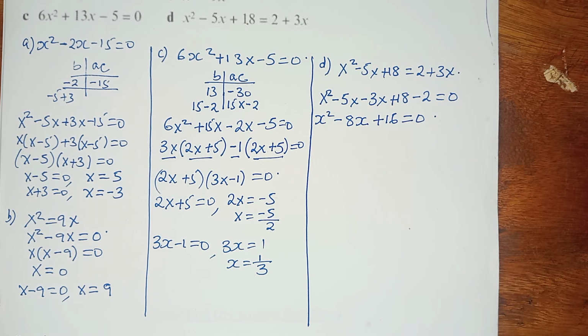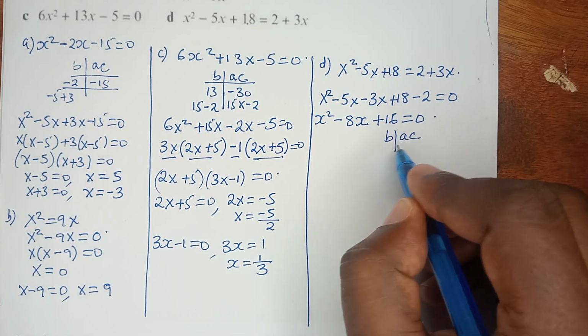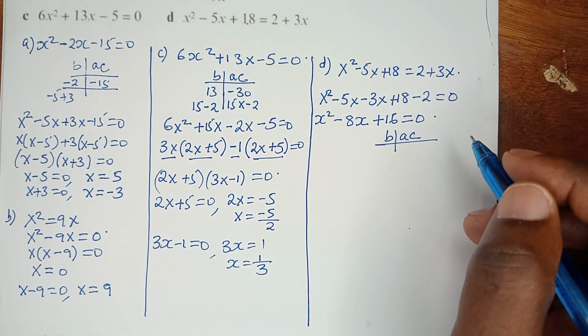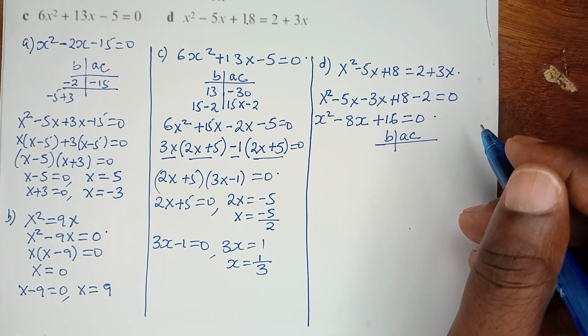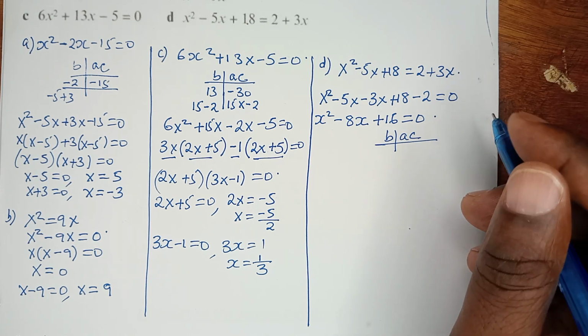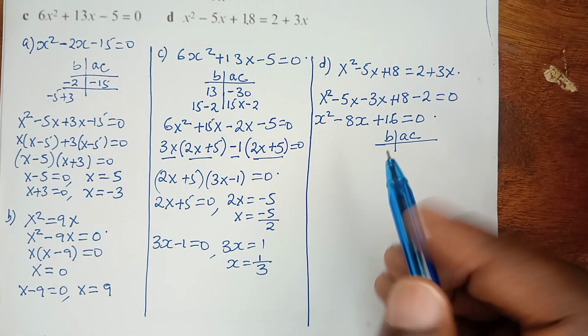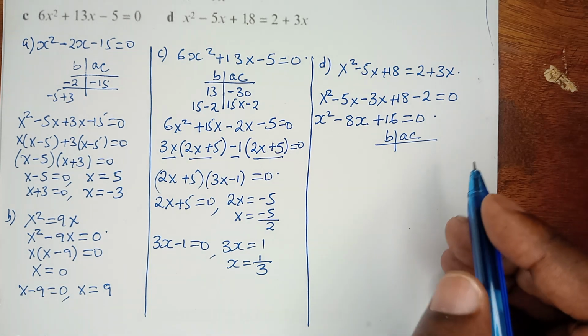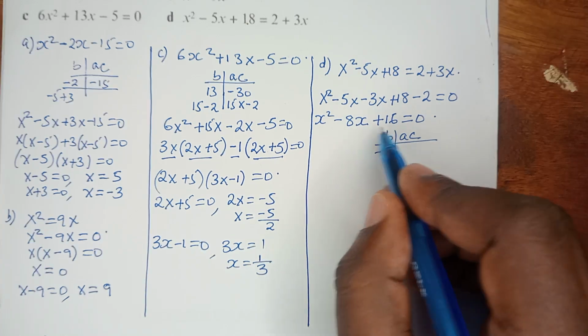And at that particular point, again, we talk about the BAC approach. This is just what we've learned so far. We will come to understand completing the square and other methods of solving quadratic equation. But for now, we just have to use factorization method. Our B is minus 8, as you can see.